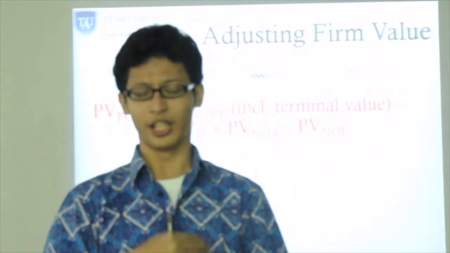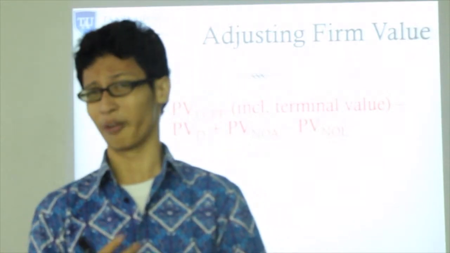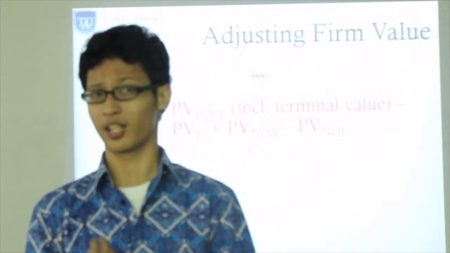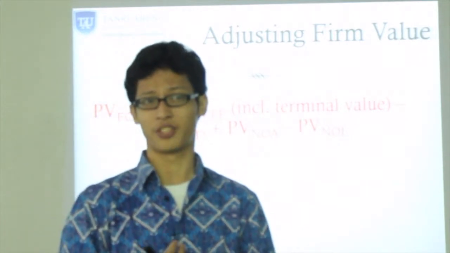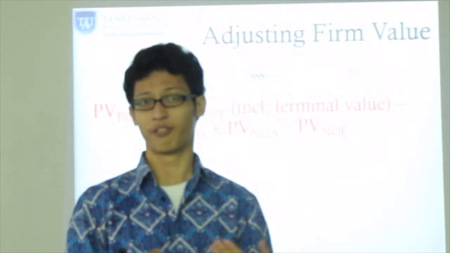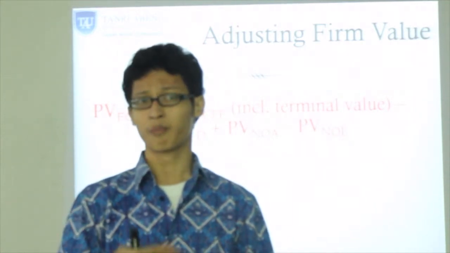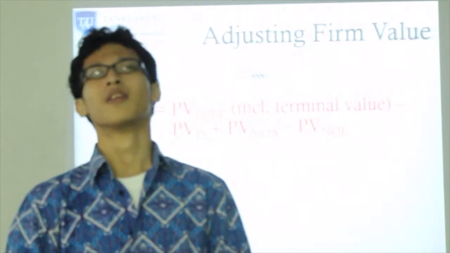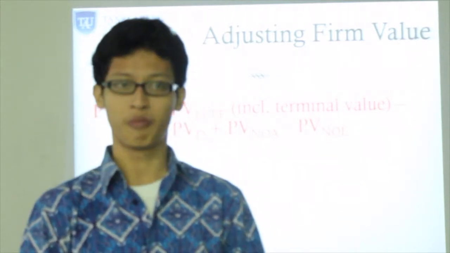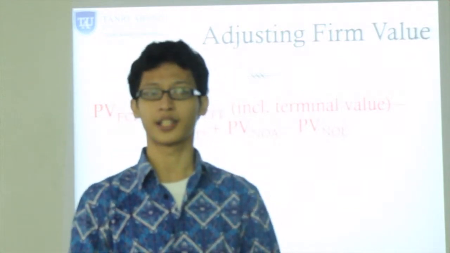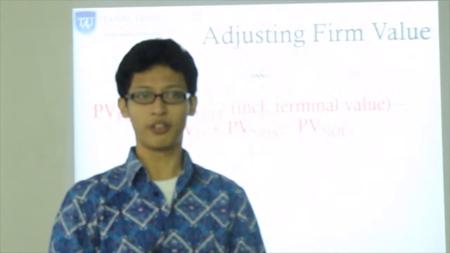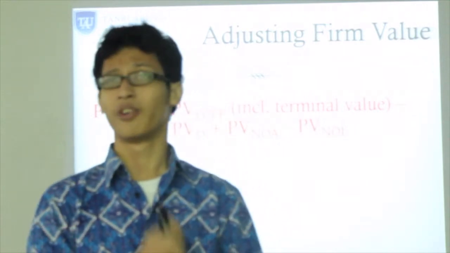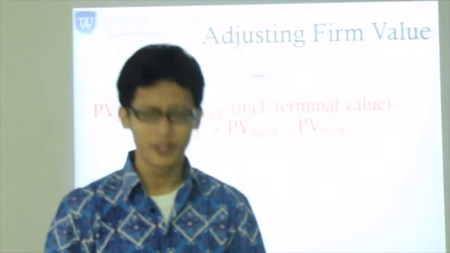PV FCFE equals PV FCFF including the terminal value minus PVD plus PV NOA minus PV NOL, where PV FCFE is the PV of free cash flow to equity investor, PV FCFF is the PV of free cash flow to the firm, PVD is the PV of debt, PV NOA is the PV of non-operating assets, and PV NOL is the PV of non-operating liabilities.